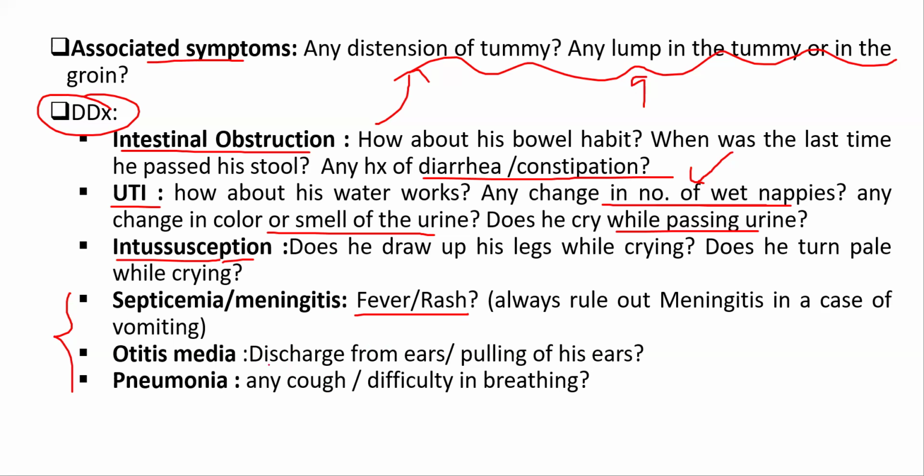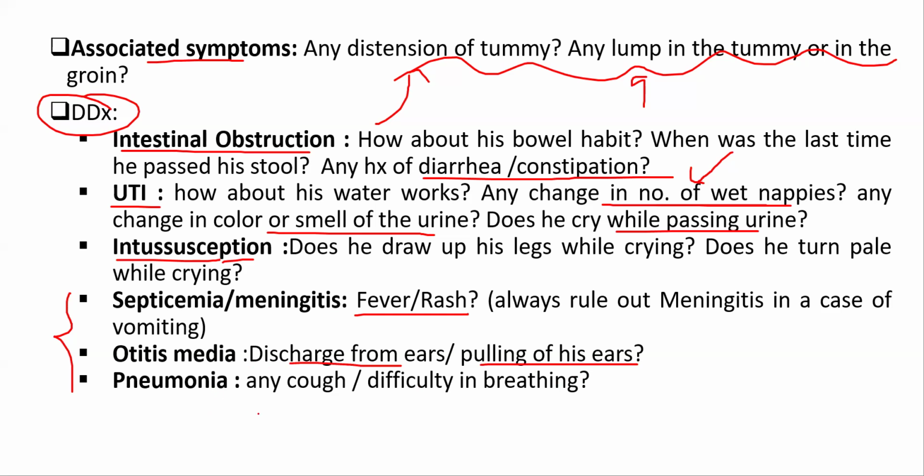For otitis media, have you noticed that he's complaining of any pain in his ear? Older children can say there is pain in the ear. Infants can't do that, so they will be pulling their ear. For them, our question will be, have you seen that he's pulling his ear lately? Have you noticed any discharge from the ears?